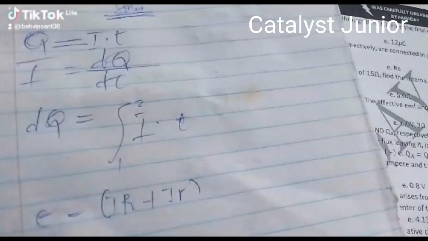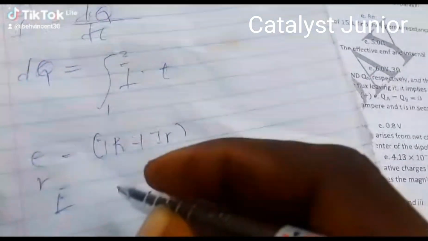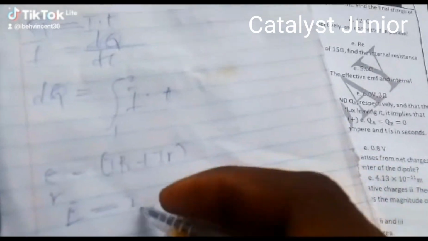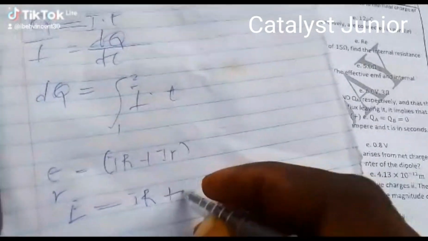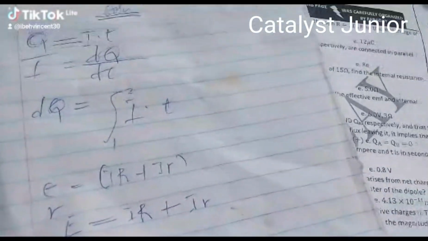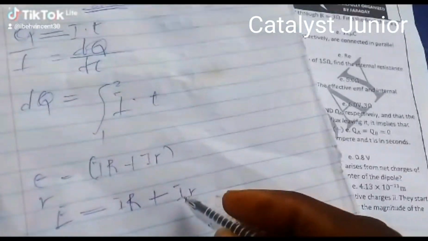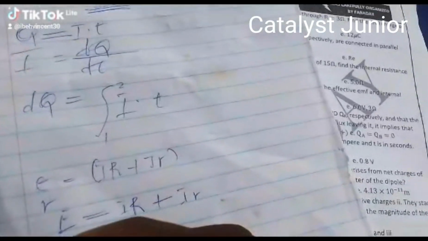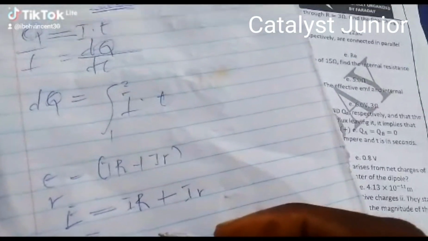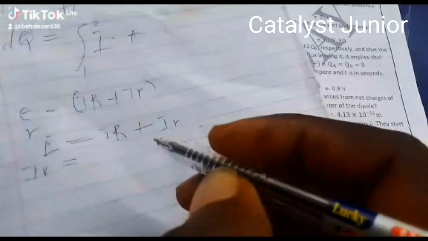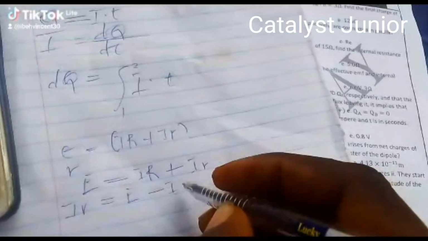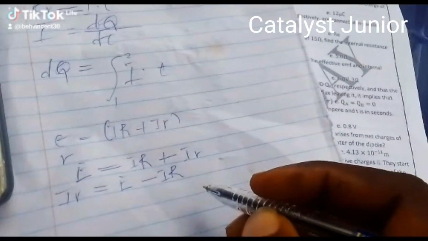If I have that our E, which is EMF, is equal to current times the external resistor plus current times the internal resistor, and I make this the subject, I'm going to have that current times r is equal to E minus the current times the external resistor.